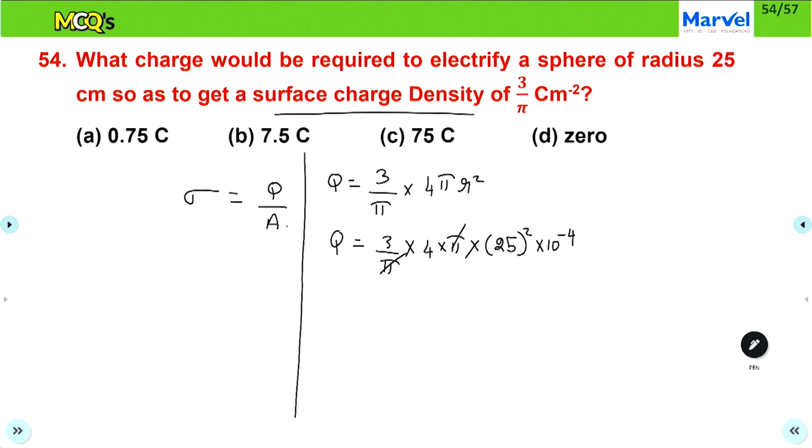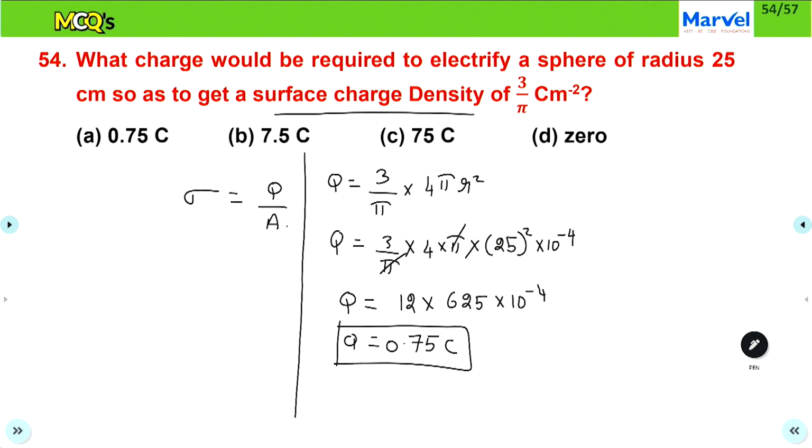Pi and pi will cancel, so Q is equal to 12 into 625 into 10 power minus 4, which is nothing but 0.75 coulombs.